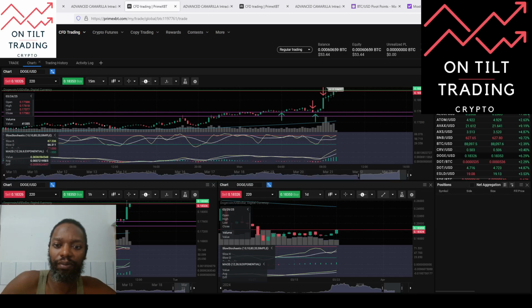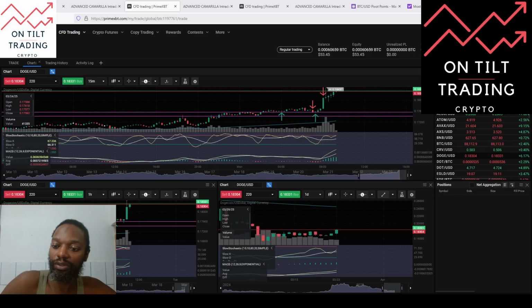So really strong price action, really bullish price action, and very strong buyer momentum with the MACD crossed over the average. So DOGECOIN is looking very, very strong this morning.